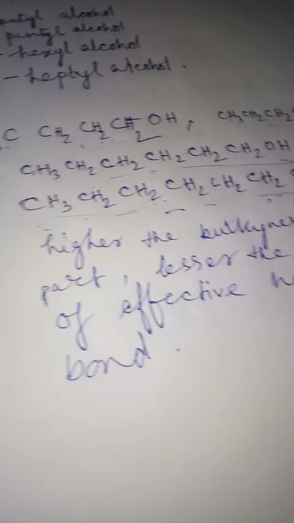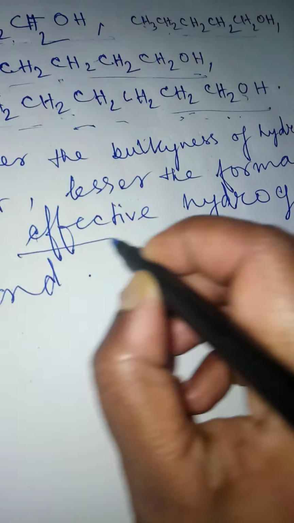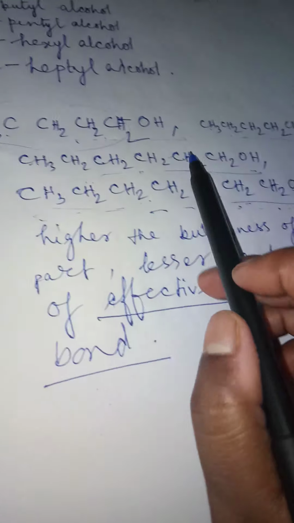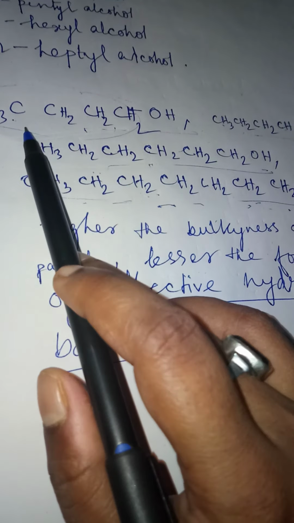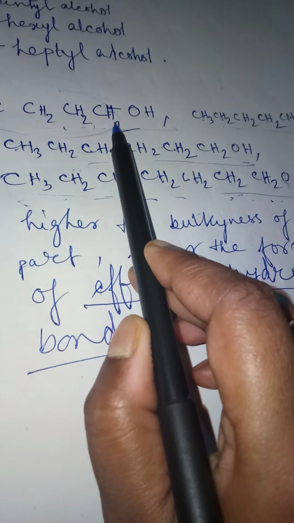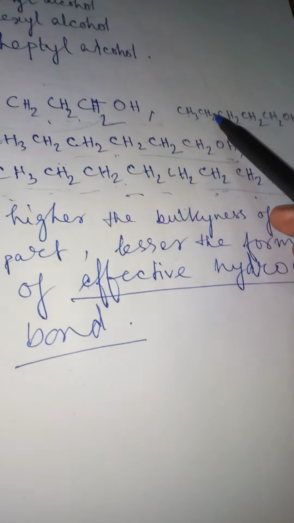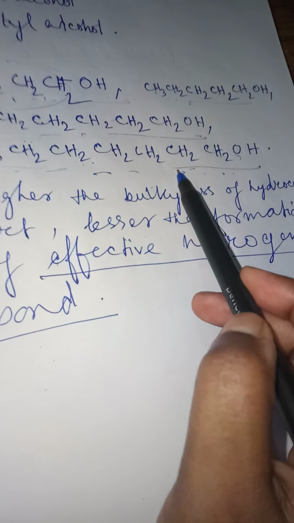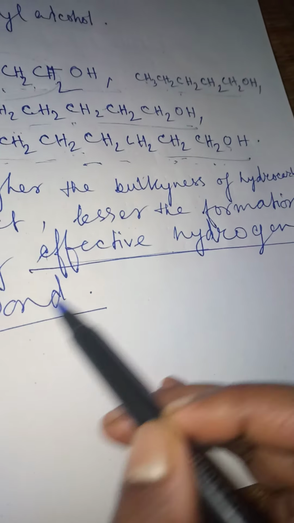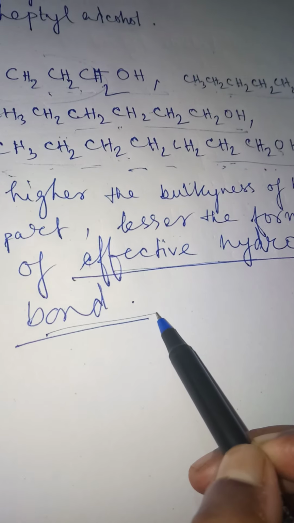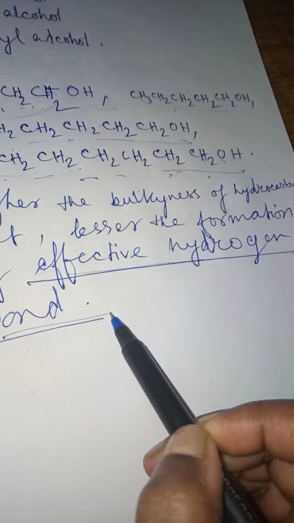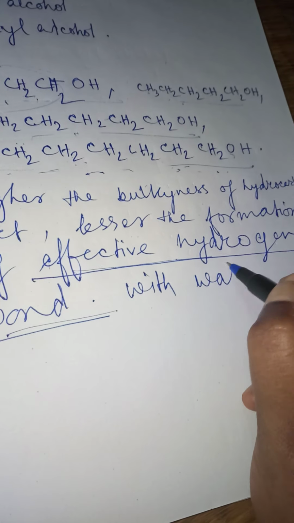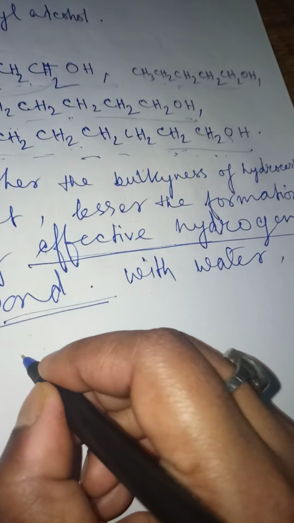Effective hydrogen bond, very important thing. Higher the number of carbons, I'm sorry, not the branches, higher the number of carbons, higher the hydrocarbon part, the lesser is the tendency to form the effective hydrogen bond. And if it is not able to form the effective hydrogen bond with water, then it will be less soluble.